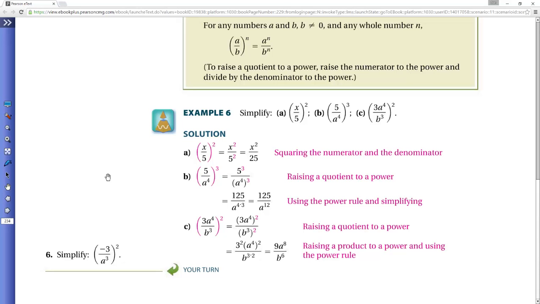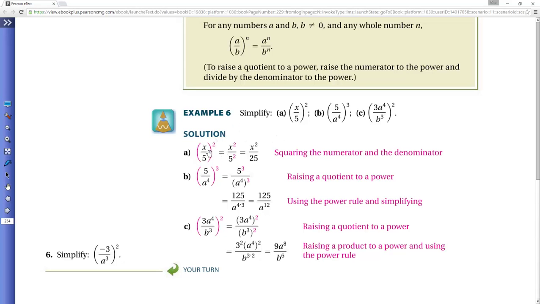These examples are very good to go through here, where they say squaring the numerator and denominator. Squaring is a slang term for the exponent 2, because that's what we measure area in, as squares, or something to the 2 power.